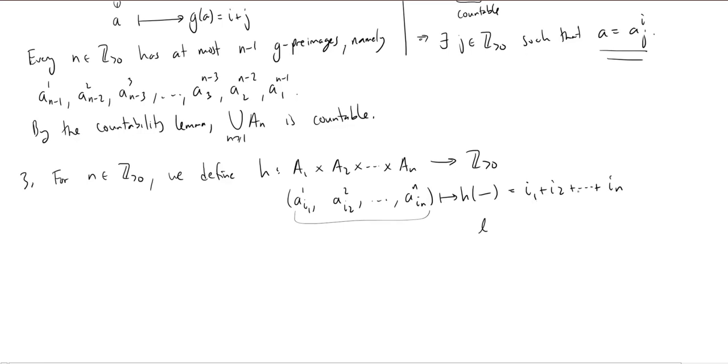Well, there's only a finite number of ways to partition a natural number. When we say partitioned, we mean written as a sum of positive integers, and L can only be partitioned in a finite number of ways.